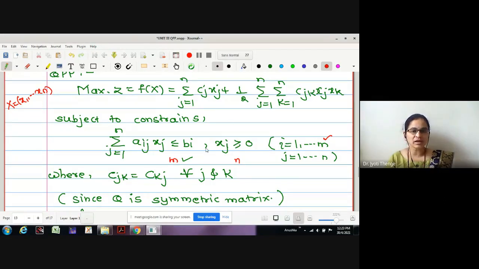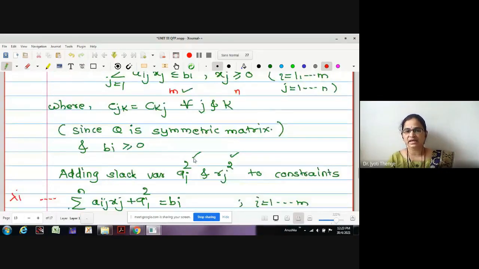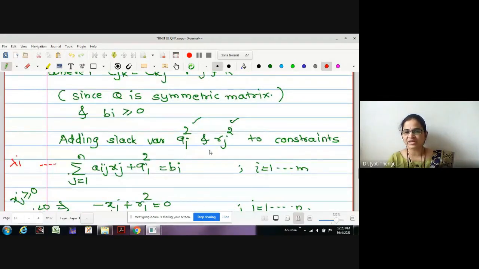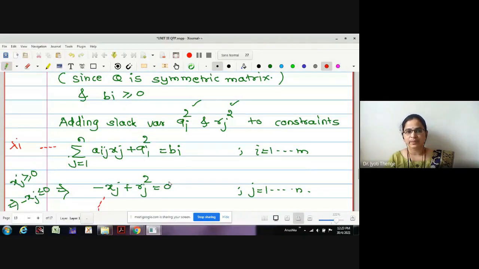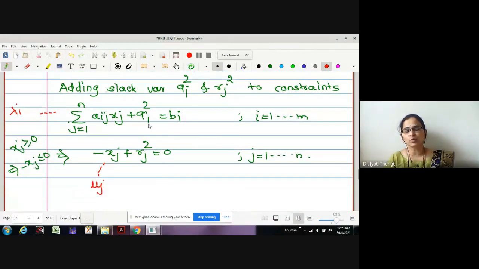Therefore, how many non-negativity restrictions do we have? N non-negativity restrictions. Writing xj greater or equal to 0 in terms of less or equal, it becomes minus xj less than or equal to 0. Therefore, we were adding the slack variables qi square and rj square. How many q variables? Q1, Q2 to Qm.